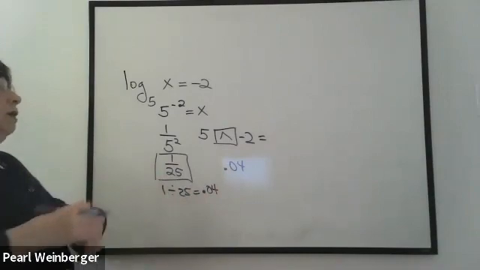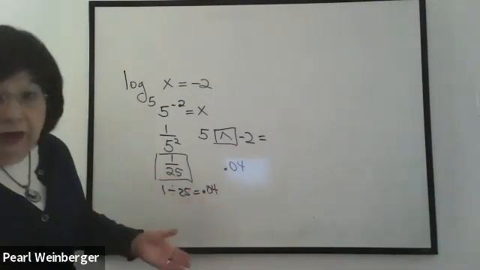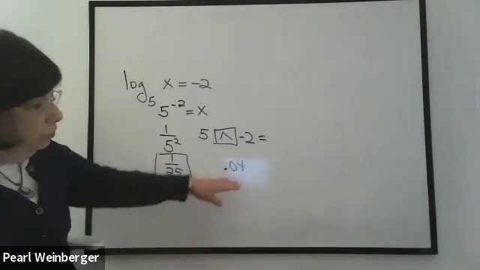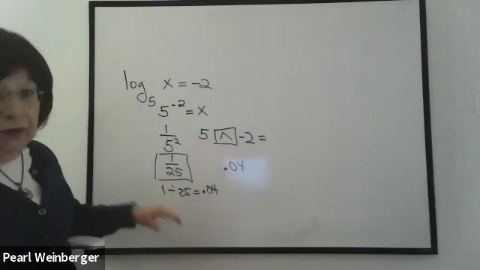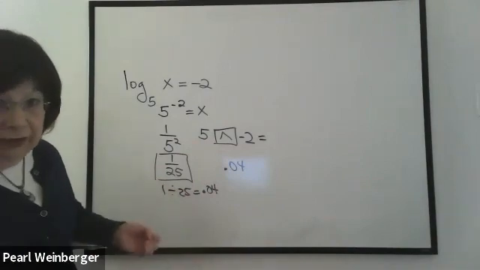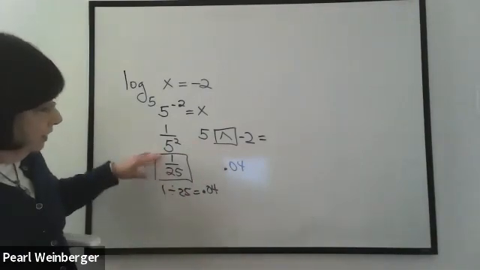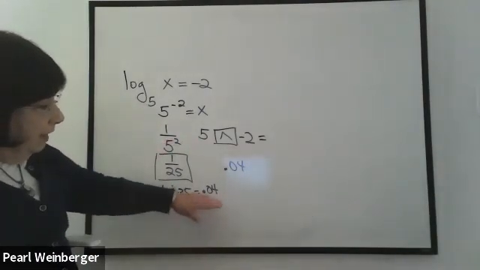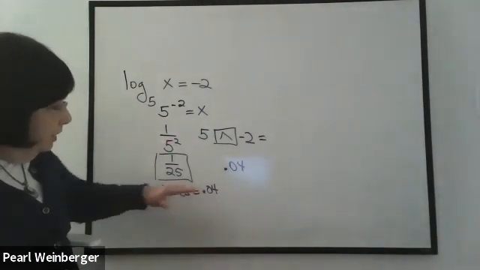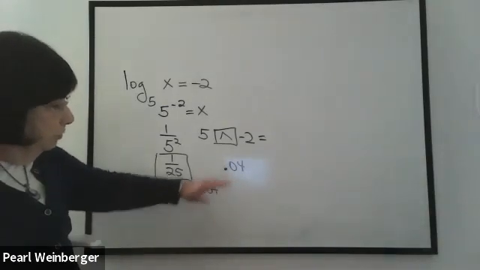In other words, unless you have your calculator set in what we call math print, it will give you your answers in decimals. If you want to compare it with a fractional answer, all you have to do is take the fraction and divide the numerator by the denominator, and you see that your answer is 0.04.